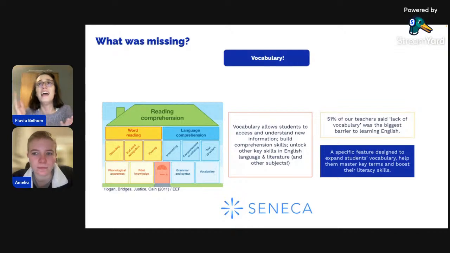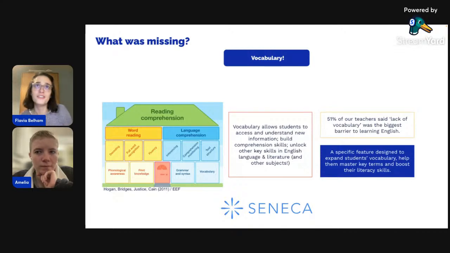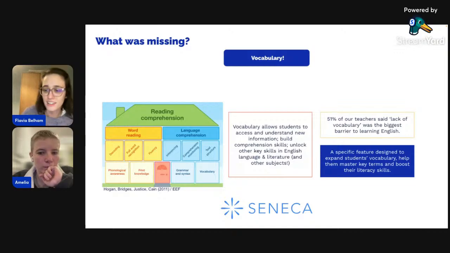Super important. We did a little survey before we started to create this feature, and over half of the teachers said that lack of vocabulary was the biggest barrier for students to develop their English skills. Based on all of that, we decided to create a feature specifically designed to expand students' vocabulary, help them master key terms, and boost their literacy skills.